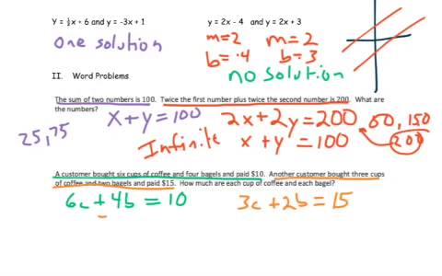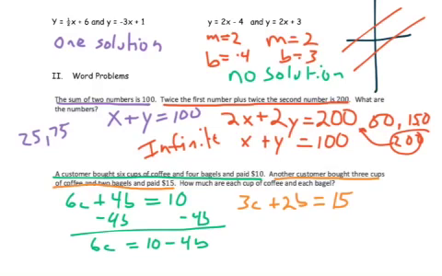Okay, so I'm going to subtract 4b from both sides. Minus 4b. So that gives me 6c equals 10 minus 4b. Then I'm going to divide both sides by 6. So c equals 10 over 6 minus 4 over 6b.